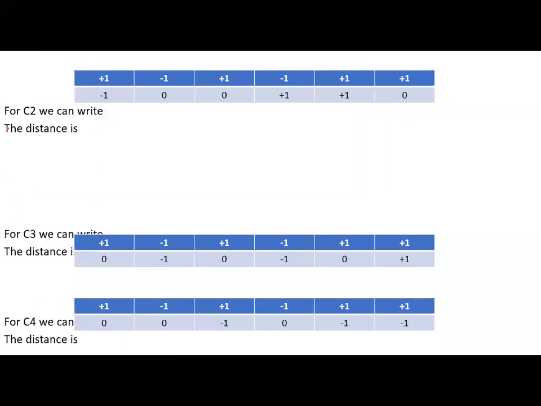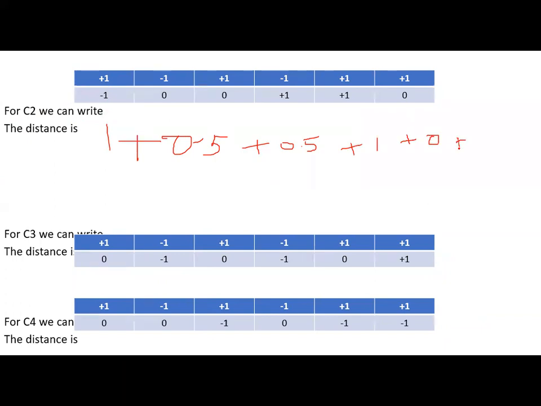Right. Now can we calculate for C2? We can write the distance for C2. This is 1 plus 0.5 plus 0.5 plus 1 plus 0 plus 0.